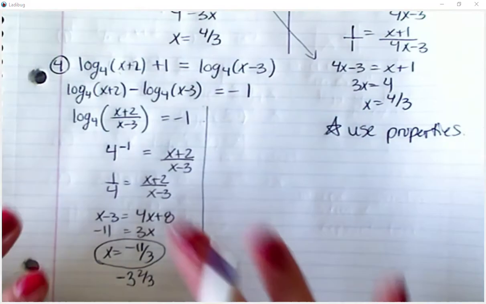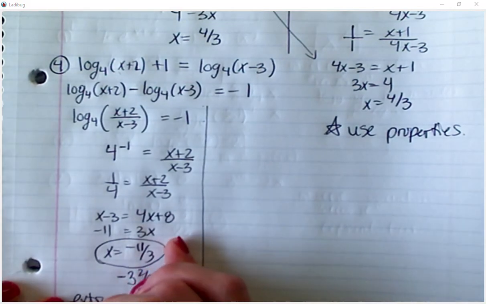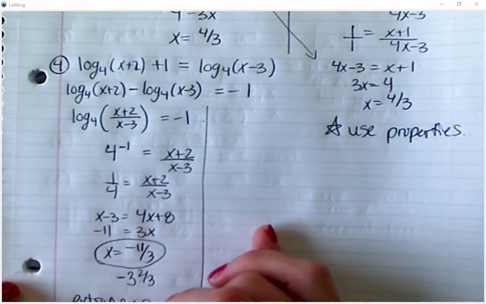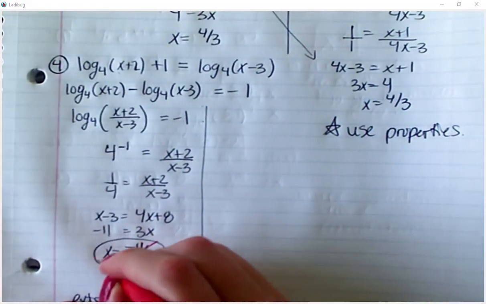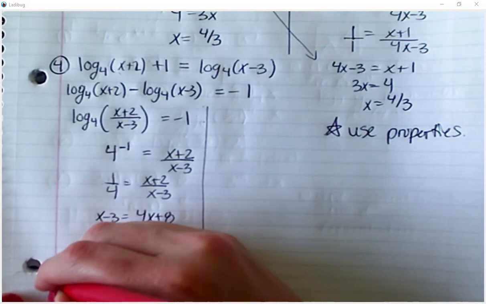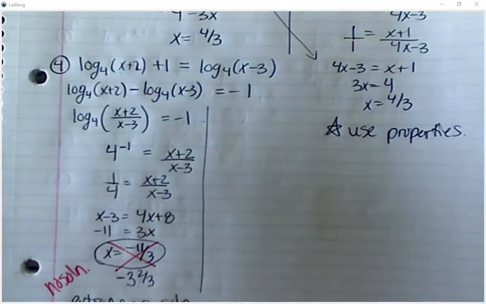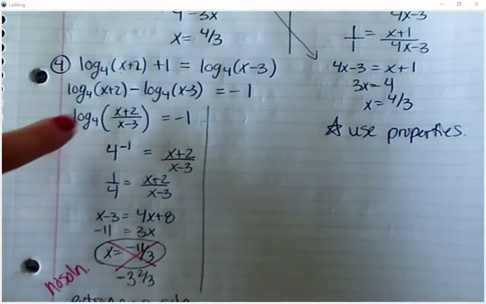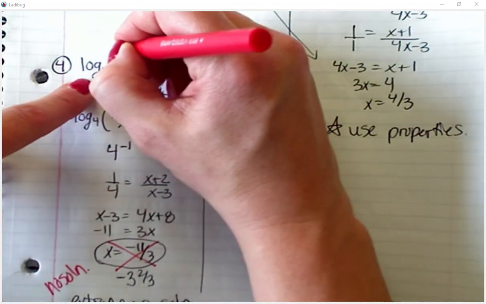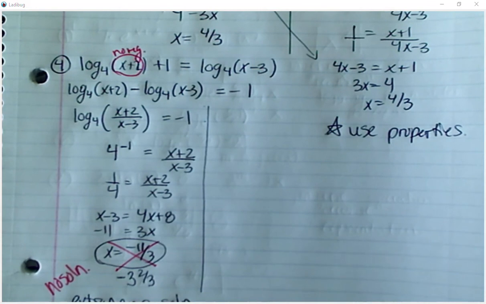So our algebra is not wrong, but it happened to give us an extraneous solution. So I need to cross it off, which leaves me with no solution. Why? Because it did not check. You cannot have a negative argument here.